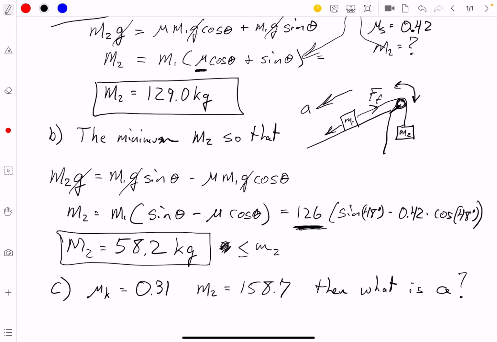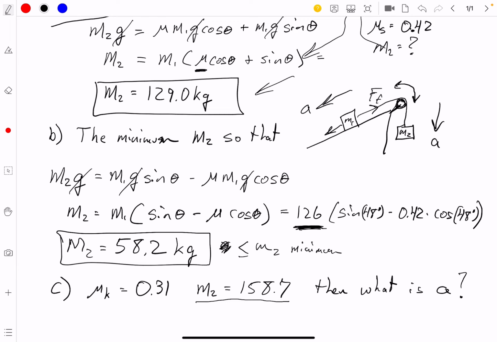Greater than or equal to, we could say minimum. But if we come back up here, if we're sliding in this direction, A, then our M2 maximum is 129. But look here, they give us an M2 of 158.